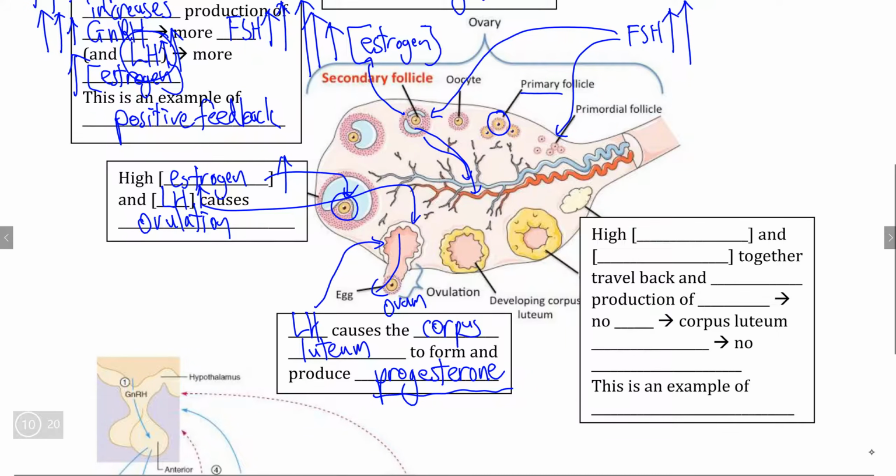Now, that occurs after the corpus luteum has been formed, because the more time the corpus luteum is active, the more progesterone is going to be produced. Basically, the corpus luteum does not stop producing progesterone until it atrophies in the event of menstruation.